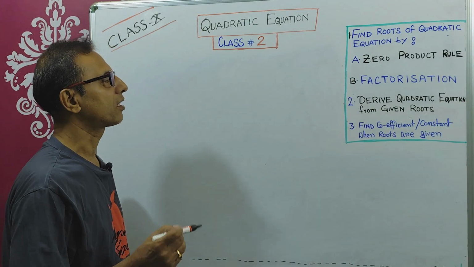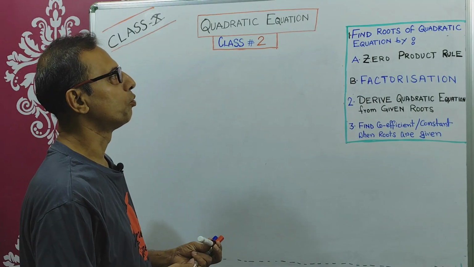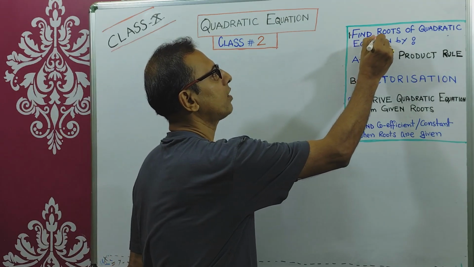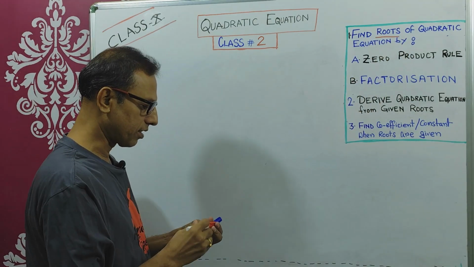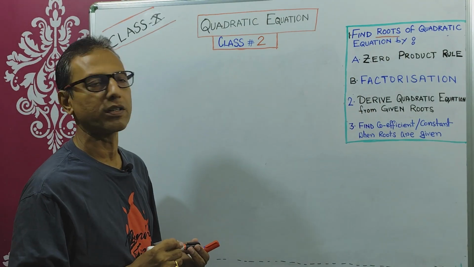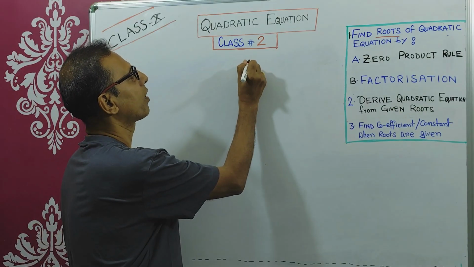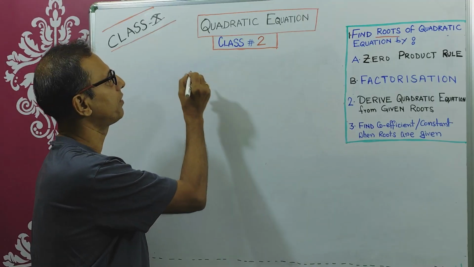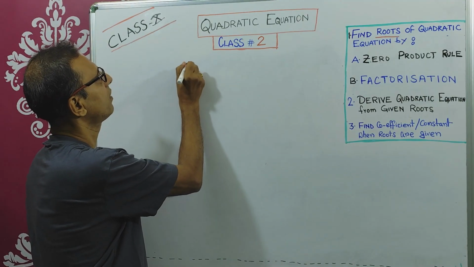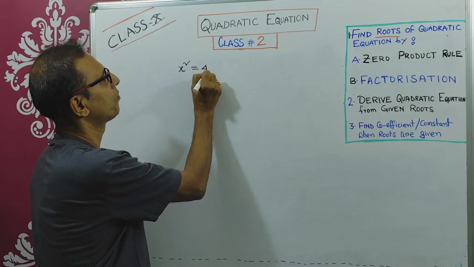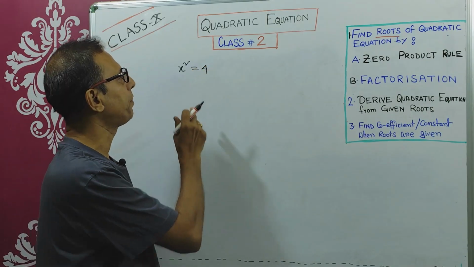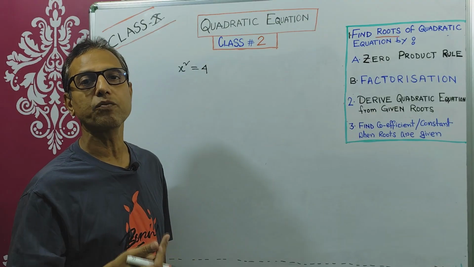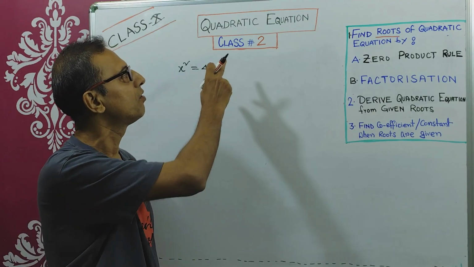Okay, so let's start. First of all, what is a root? I have already said in my last video also. Roots are nothing but the solutions of a quadratic equation. Let's say it's a pure quadratic equation, x square equals 4. I have already explained pure quadratic equation, adfected quadratic equation and standard form of quadratic equation in the first class.